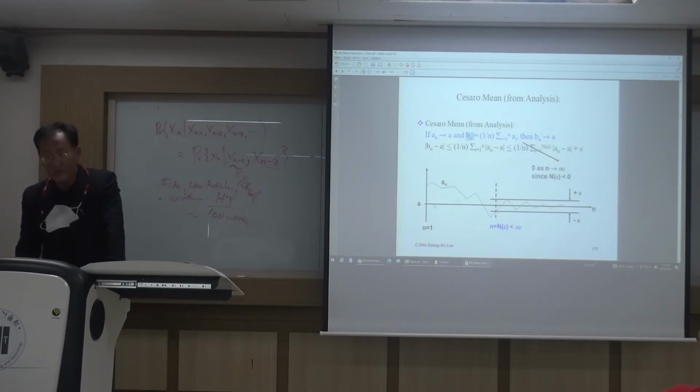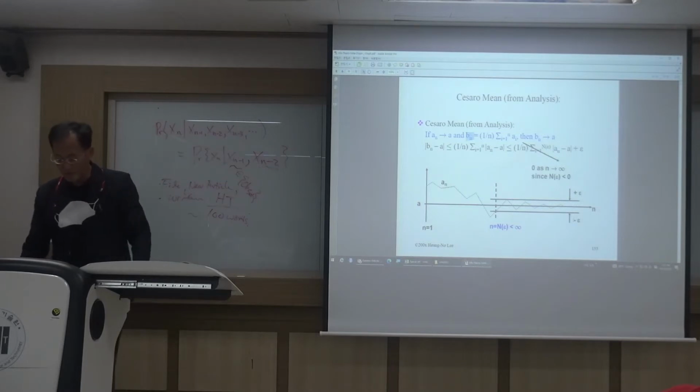Before n epsilon, convergence has not happened; after n epsilon, things have converged. So the difference Bn minus A is within the boundary of plus epsilon and minus epsilon.